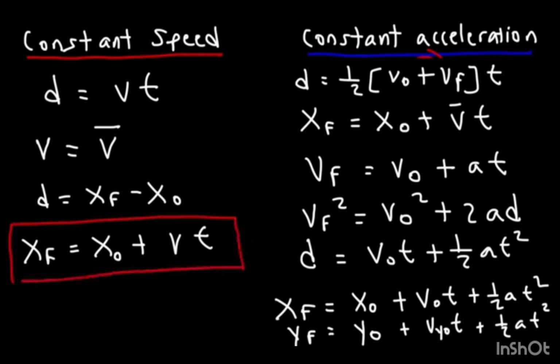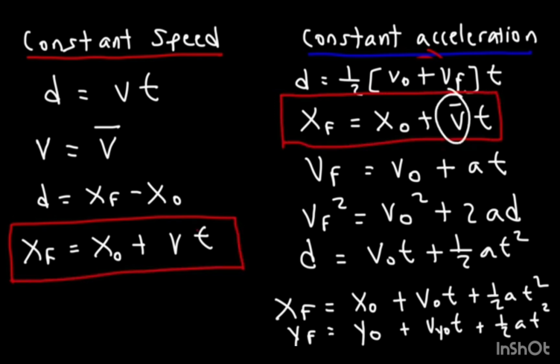But for constant acceleration, it's good to keep in mind that this represents average velocity. So it's better to write V bar instead of V, so there's no confusion, because these two, they're not necessarily the same when dealing with constant acceleration. So just be aware of that little detail.